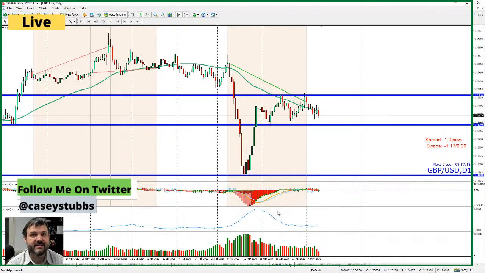Okay, the next thing I want you to notice is this is the ATR, average true range. The definition is average true range, and what it means is the amount of pips that the price moved over the last 14 days. So you can see when this was moving here, the ATR was all the way up at 0.035, and now it's at 0.011.